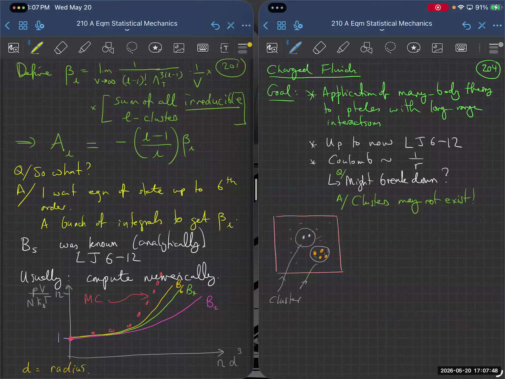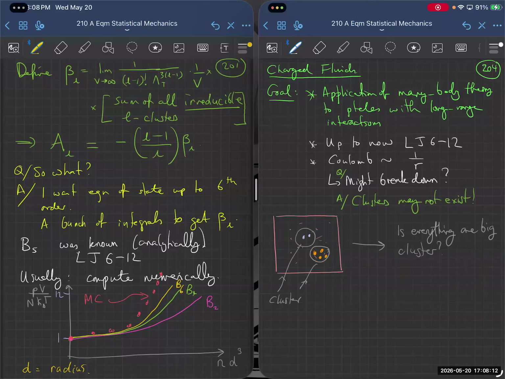So you might say, well, if I've got a long range interaction, then maybe everything is just one big cluster. So that's the intuition. That's why we asked the question.